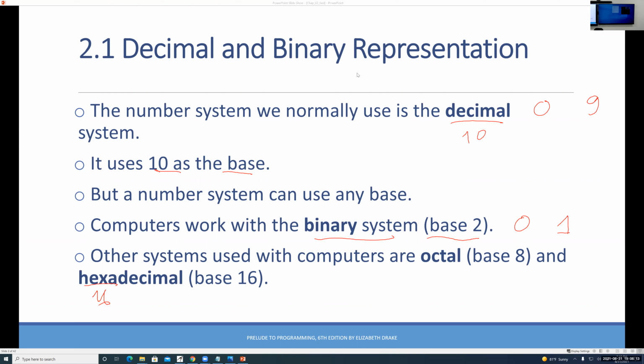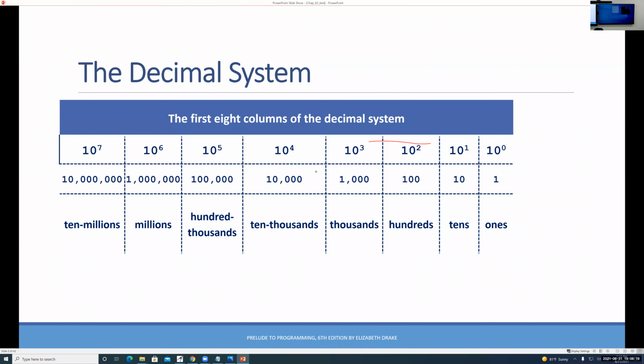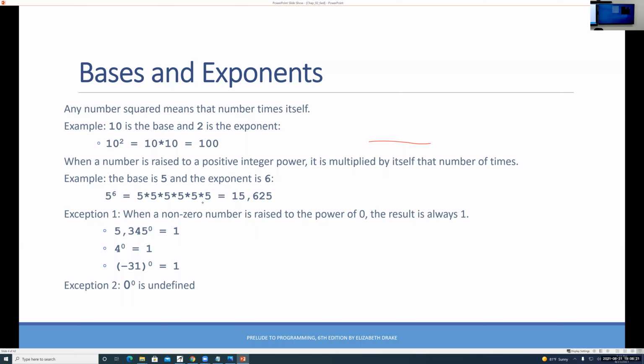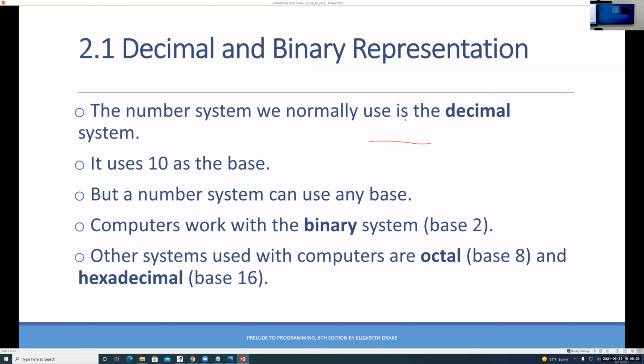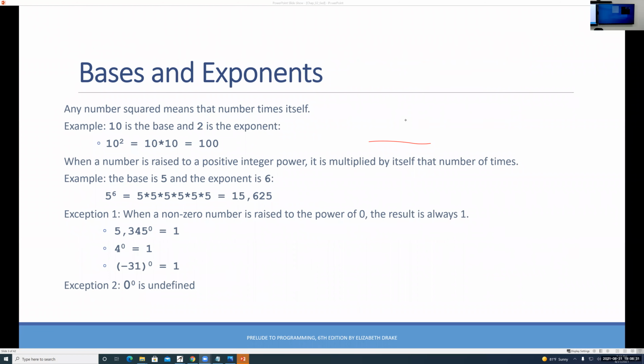Okay, so now let's look at how we work with the representation. We talk about base and exponent. In this formula, this one is the base, and this one is the exponent.